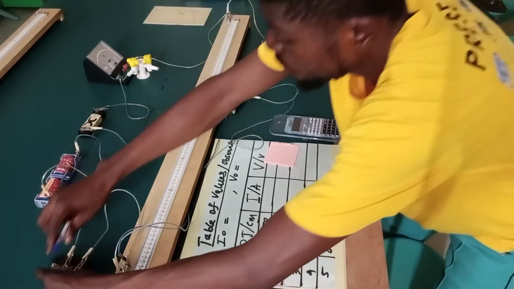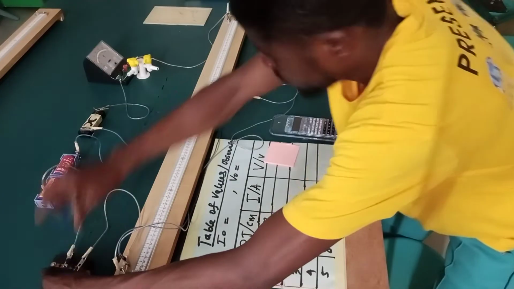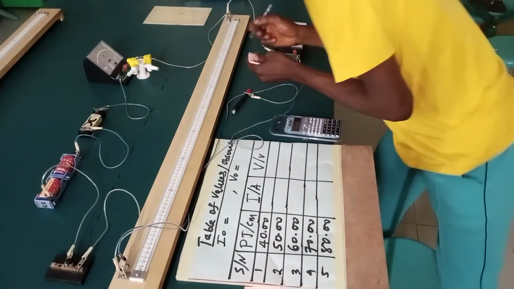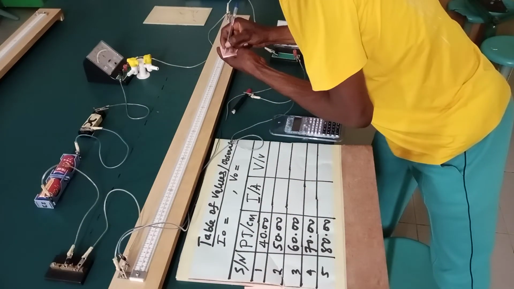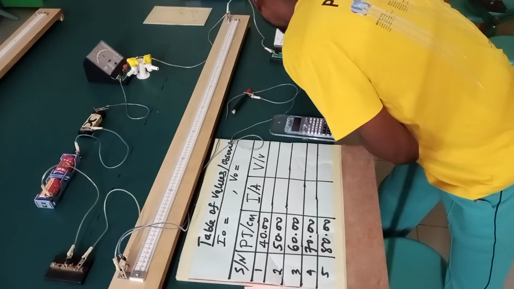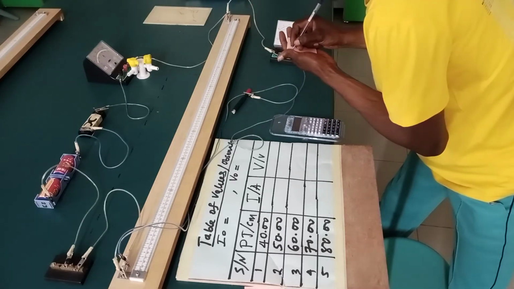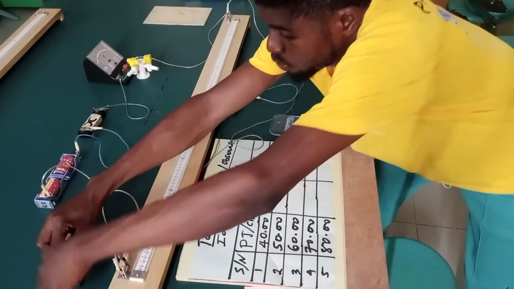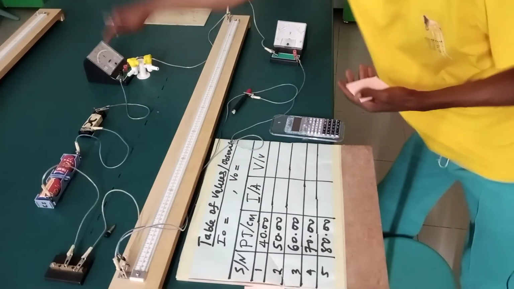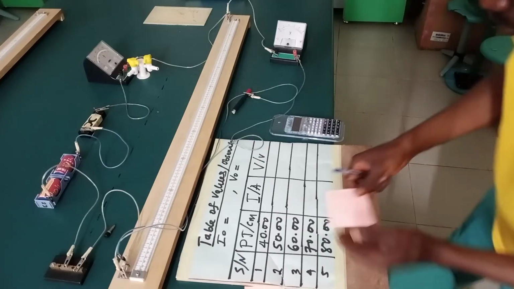I make the circuit. Good. Quick. I have 5. I have 16. What do I mean? I have 5 here, I have 16. So it means that what?